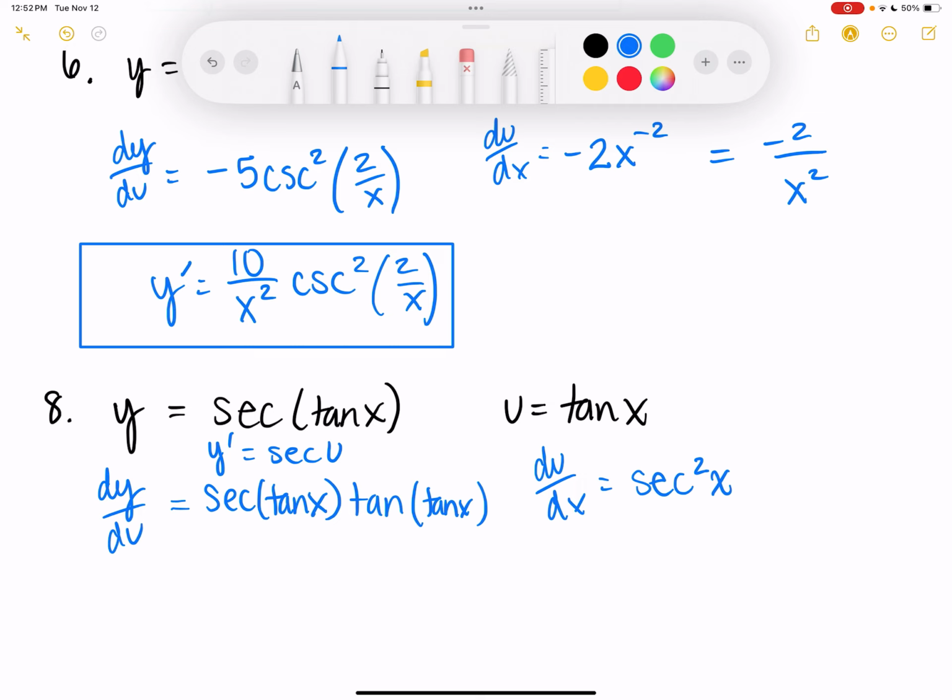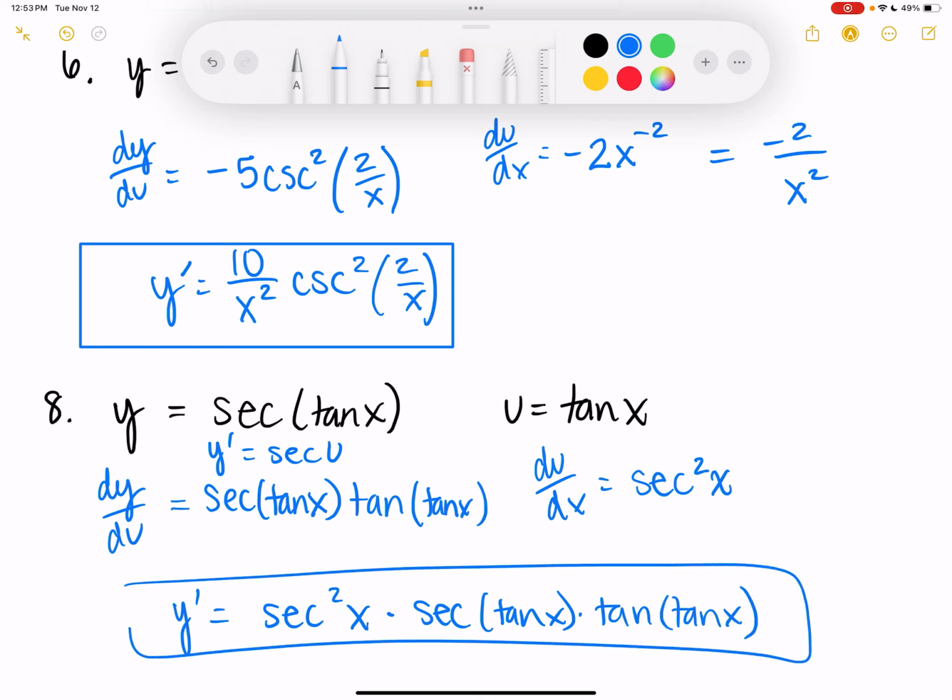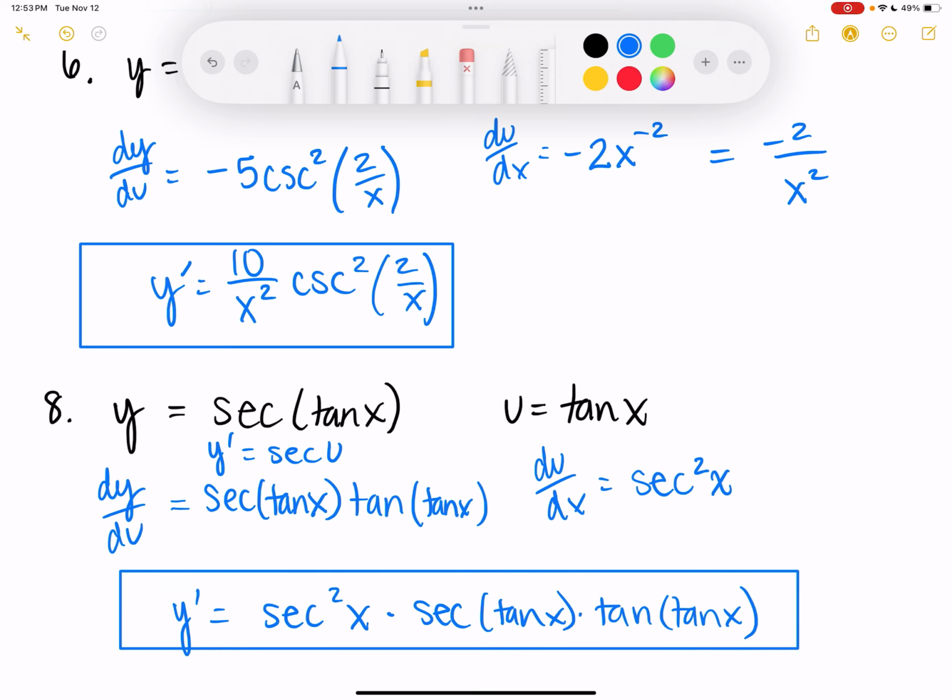So y prime is secant squared of x times secant of tangent of x times tangent of tangent of x. It doesn't look pretty, but nonetheless, that's the answer.